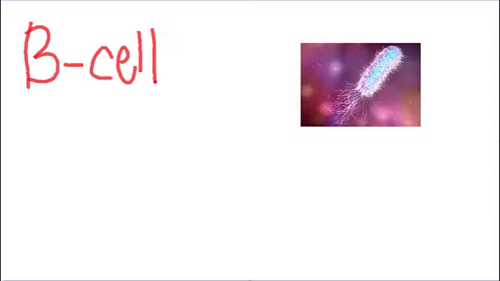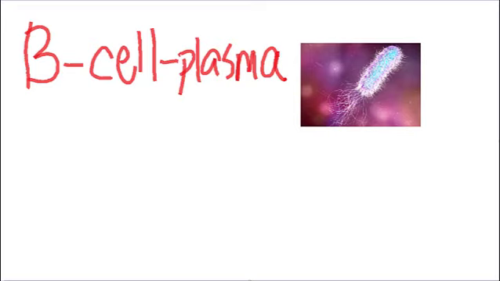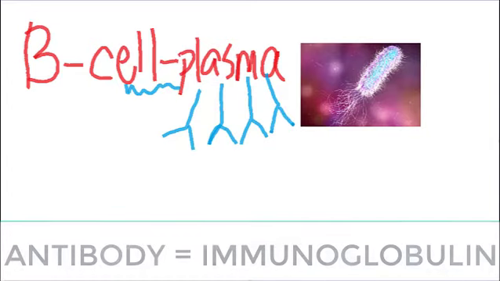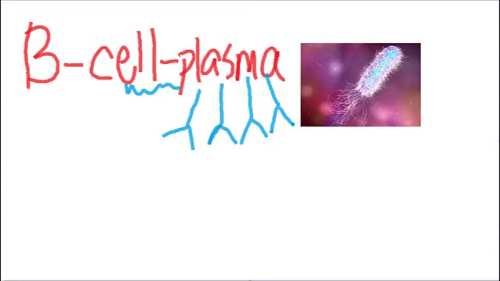First, we have a B cell, and that turns into a plasma cell. And then suddenly an invader appears, which we have here, and that plasma cell is going to, from the memory of the B cell, start to create copies of that antibody because that B cell remembers this invader from before.